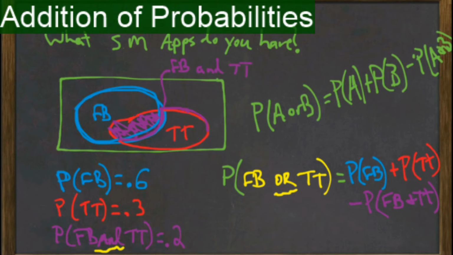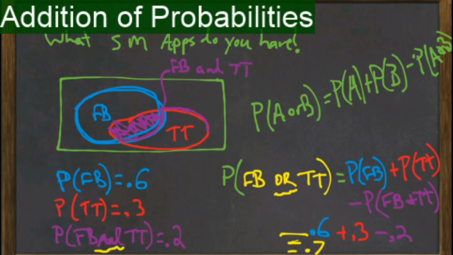Okay, and so our end result becomes 0.6 plus 0.3 minus 0.2, and so that becomes 0.7.